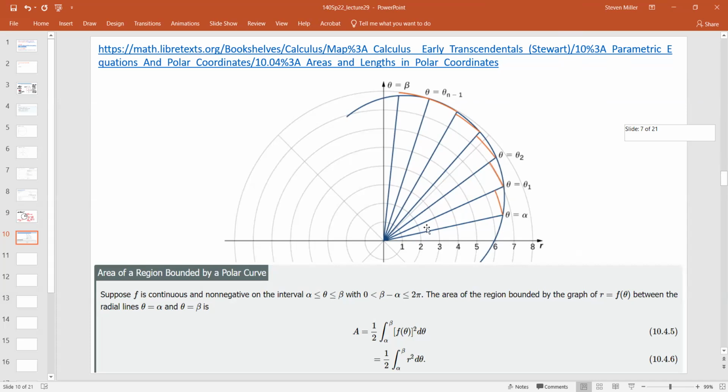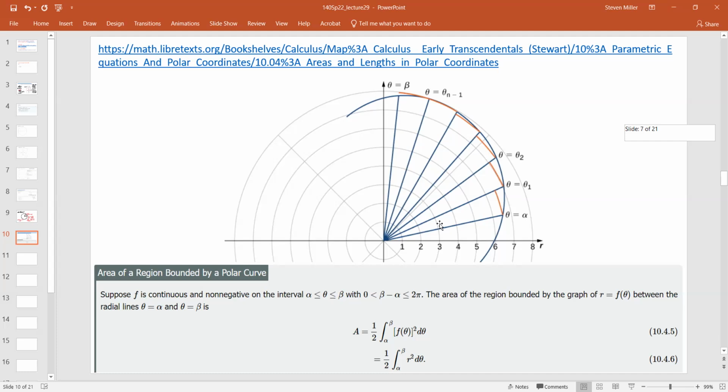My height is essentially going to be the radius, and so the area should essentially just be 1/2 of that. We've got to be a little bit careful because we want to make sure things are right angles and whatnot, but hopefully this gives you enough of a feel of where this formula is coming from.